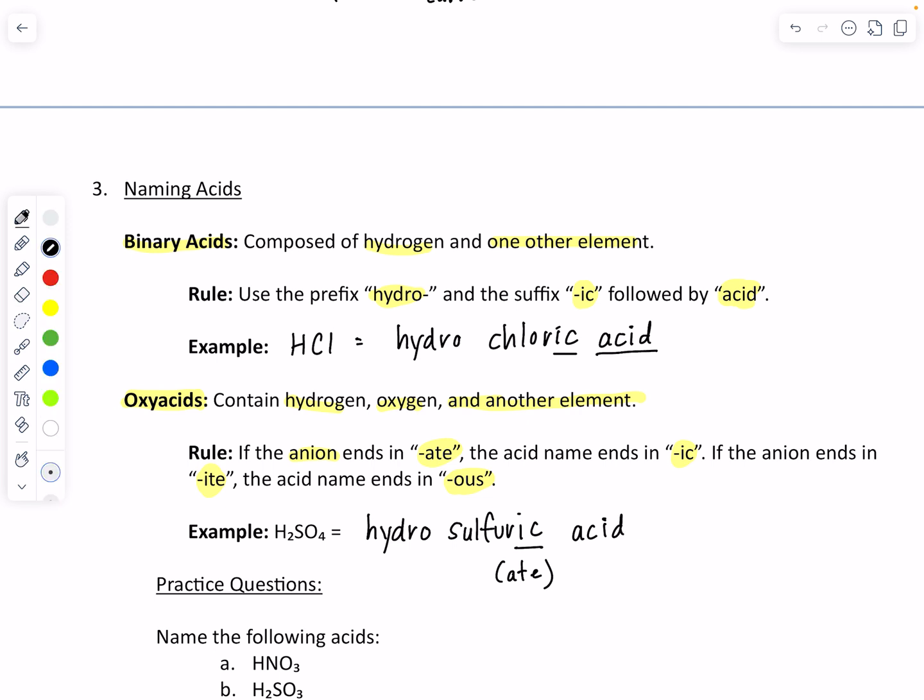Hydrosulfuric acid. In these examples, you don't have to include the hydro, so this is simply sulfuric acid. We know that there's a hydrogen present in an oxyacid, so we're just using the anion to name the acid. So H2SO4 is sulfuric acid.